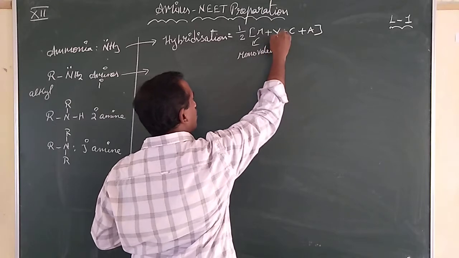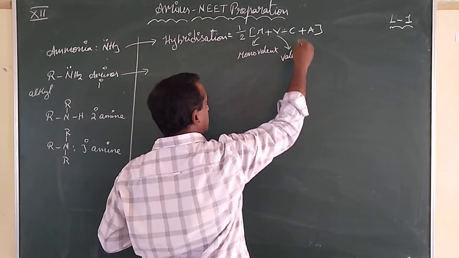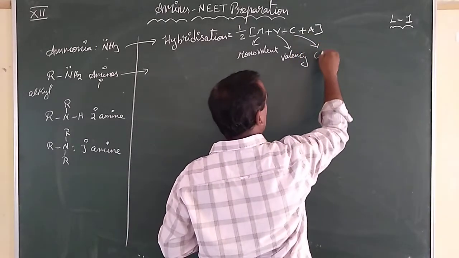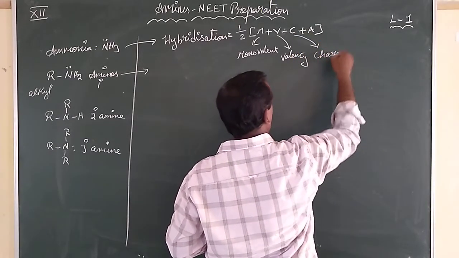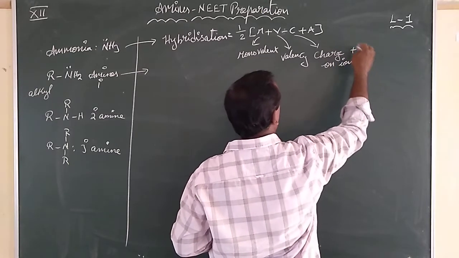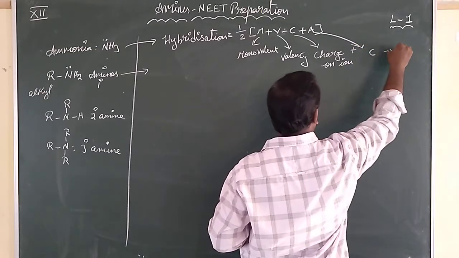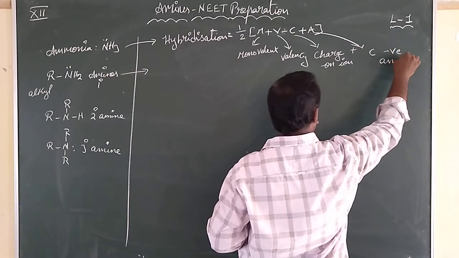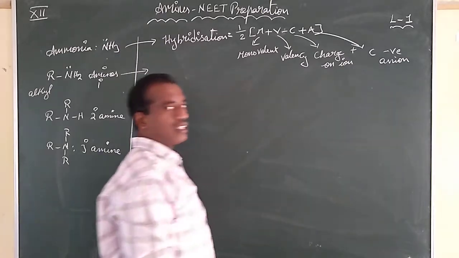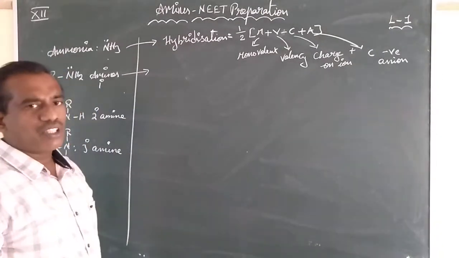V stands for valency. C stands for charge on cation. A stands for charge on anion, negatively charged, called the anion. If the molecule is having a charge, at that time you can consider the charge.